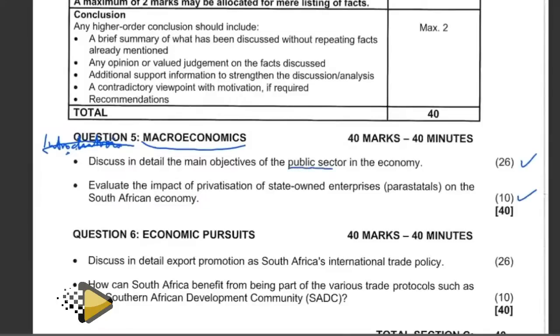In this regard, we are going to give the definition of a public sector. We also have the main body of the paper, and our main body is going to be the 26 marks question. While the 10 marks question is going to be the additional part of our essay.